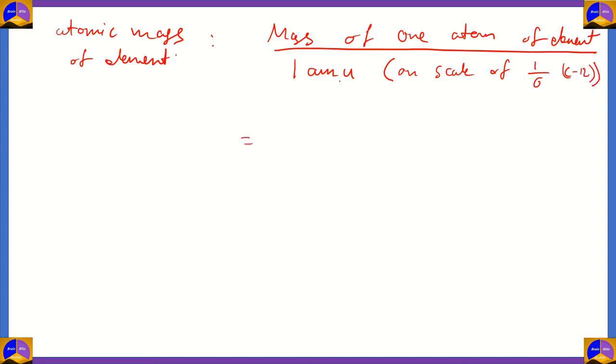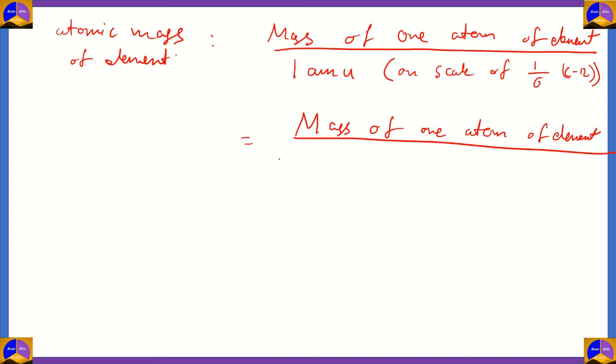And since the denominator is equal to 2 times the original unit, you can write mass of 1 atom of element divided by 2 times 1 AMU on the scale of 1 by 12 of carbon-12 atoms.